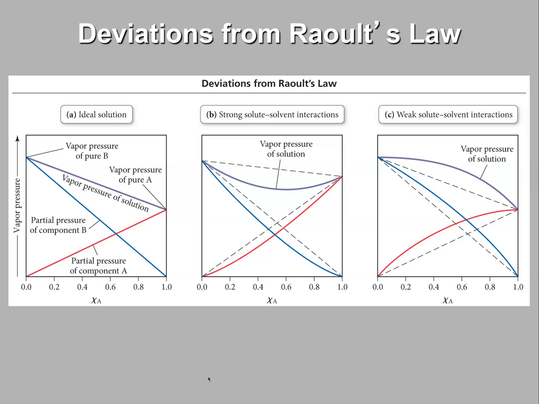Now, College Board has had you guys sometimes draw the line. Like, they will give you the dashed line, and then based on your understanding of the solution, then you would either draw in a negative deviation or a positive deviation regarding the purple line that you see.